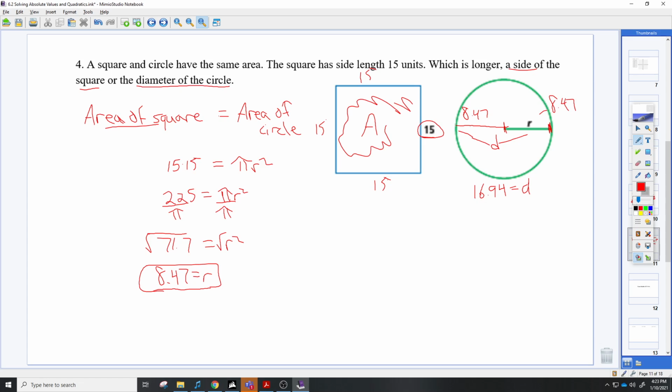The whole reason we did that is because we're trying to answer the question of which is longer, a side of the square, which means the side of the square is 15, or the diameter of the circle. The diameter is 16.94. So we would say the answer is the diameter is longer. So the radius definitely is shorter compared to the side, but the diameter is longer.